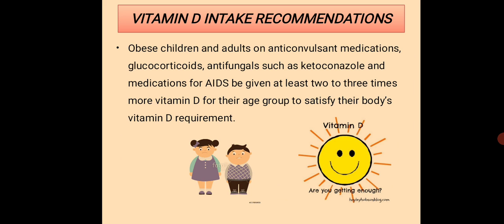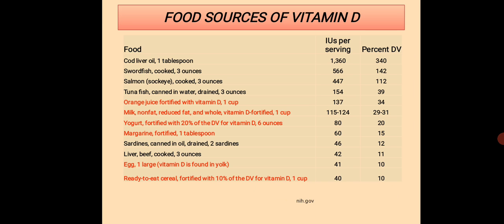Vitamin D intake recommendations: obese children and adults, and those on anticonvulsant medications, glucocorticoids, antifungals such as ketoconazole, and medications for AIDS, should be given at least 2 to 3 times more vitamin D for their age group to satisfy their body's vitamin D requirements. These people need more vitamin D than normal people. Food sources of vitamin D: multiple sources of vitamin D are also there.